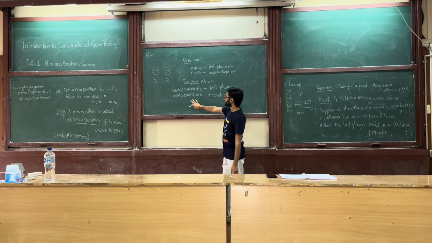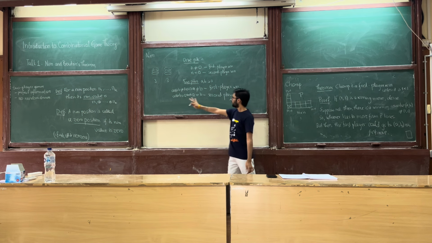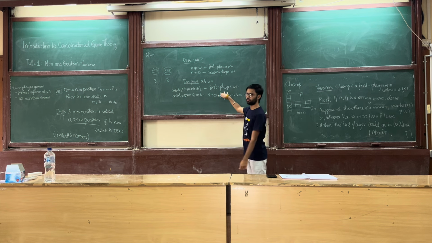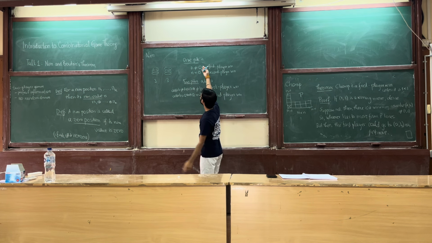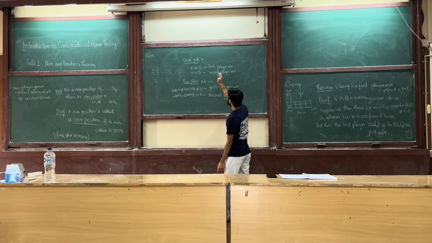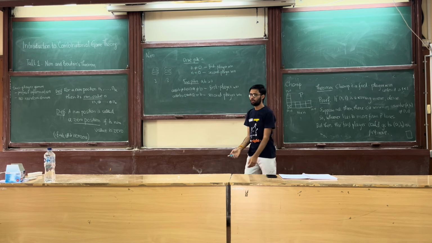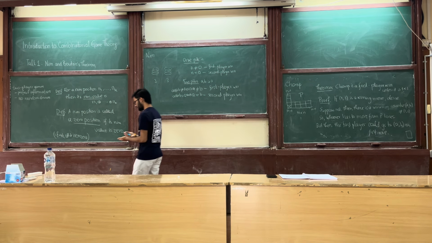And so you notice for two piles, if the position is a zero position, then it's a second player win. If it's a non-zero position, then it's a first player win. And in fact, you could just look at that in the one pile case as well, because for one pile, the nim value is just whatever the number of points is. So if it's non-zero, then it's a first player win. If it's 0, it's a second player win. And that is exactly what we will see soon.